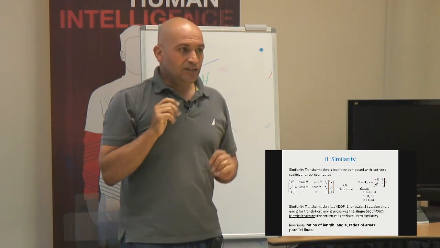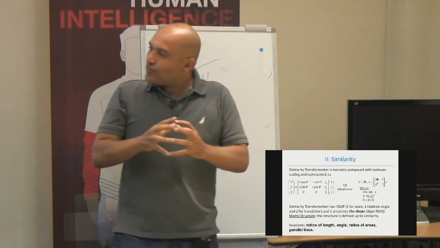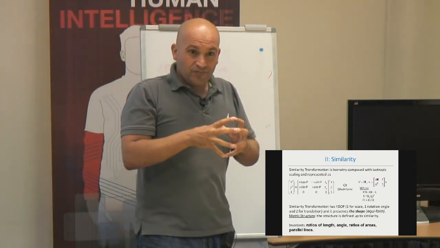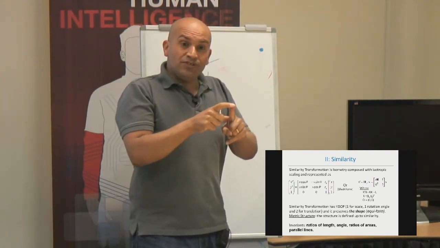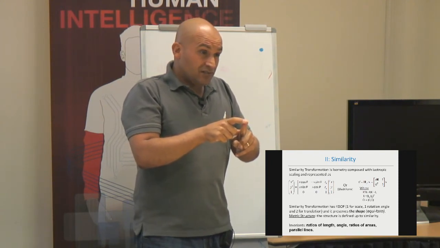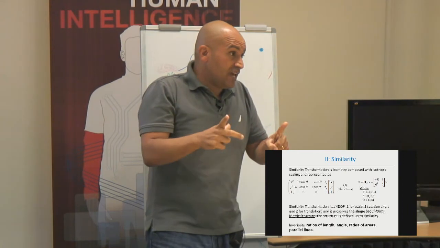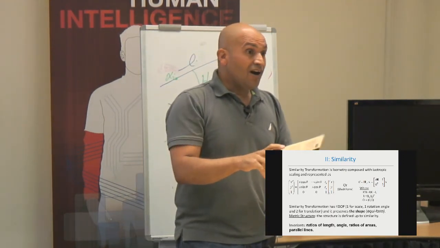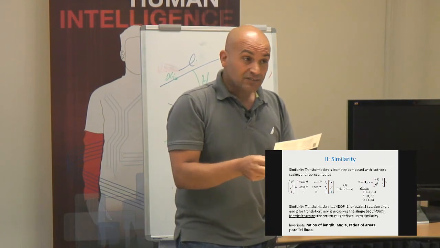Is that clear? So what's the invariant? What things are preserved in this transformation? Are lengths preserved? No, because you have scale. So the lengths are not preserved. Are angles preserved?